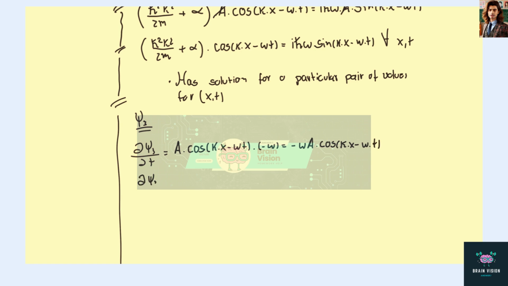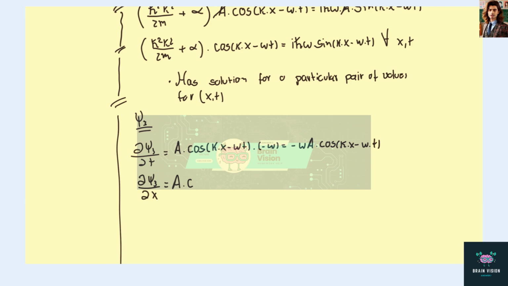The spatial derivative is actually very similar to the time derivative, again because psi 3 is very similar to psi 2, so we can expect the same kind of calculations. So the derivative of psi 3 with respect to the position x is given by the following.